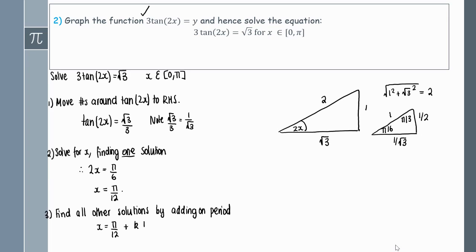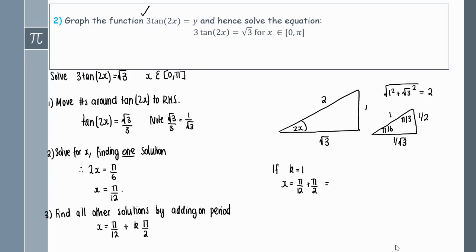So we can write our general solution as x equals pi on 12 plus k pi on 2. Pi on 2 was our period for this function that we saw in the previous slide. And then k is just some number, 0, 1, 2, minus 1, etc. If k equals 1, we get x equals pi on 2 plus pi on 12.